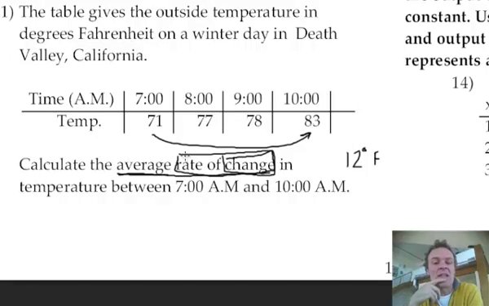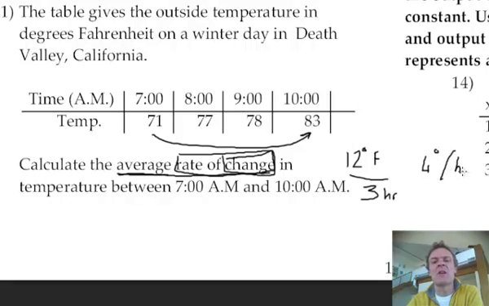They've got to say the word rate. So it goes up 12 degrees from 7 till 10, which is 3 hours. You can see it goes up 12 degrees in 3 hours. Now that is 4 degrees per hour.